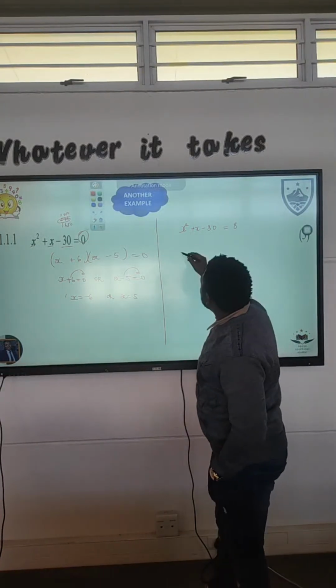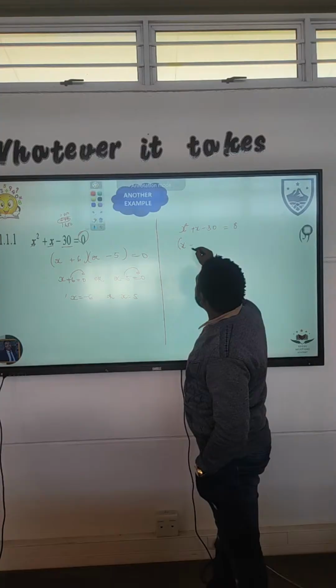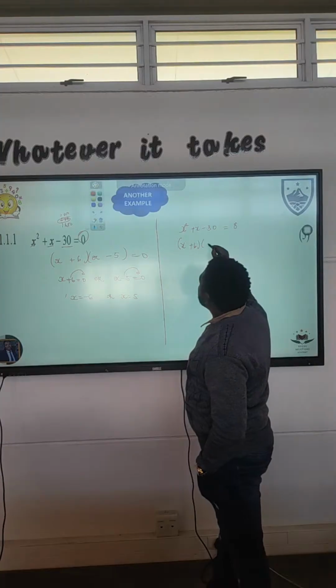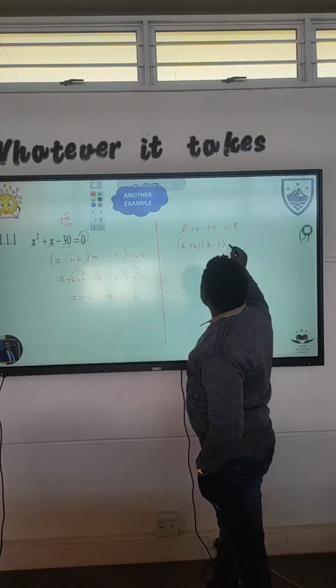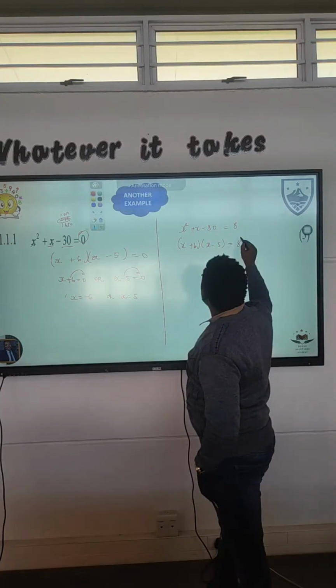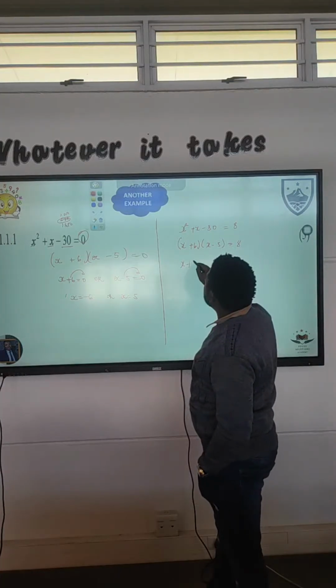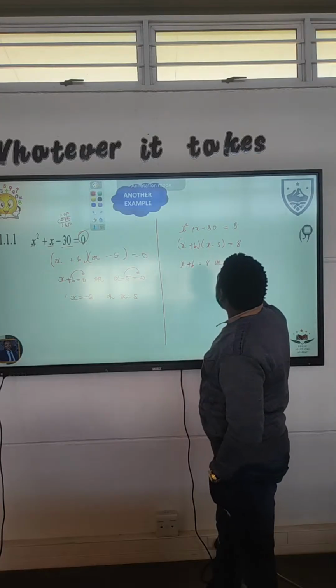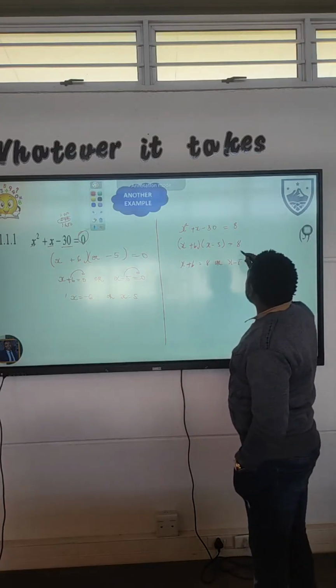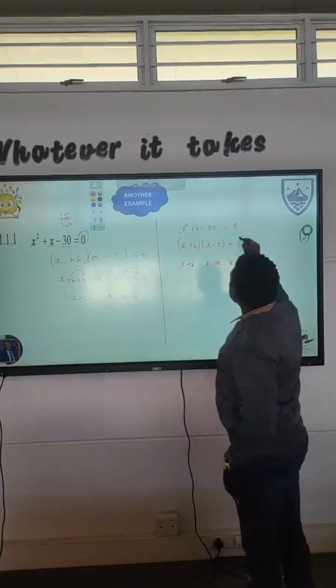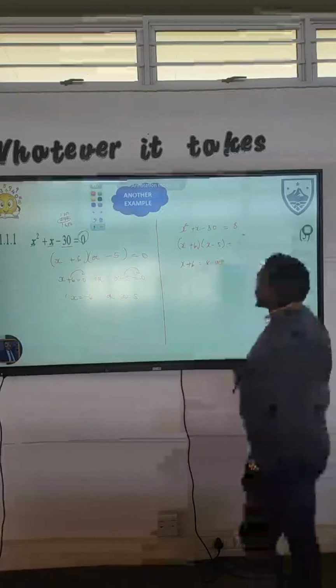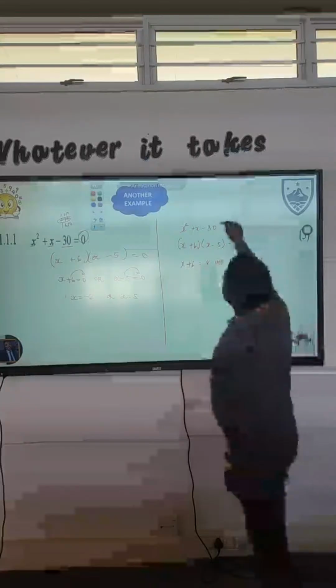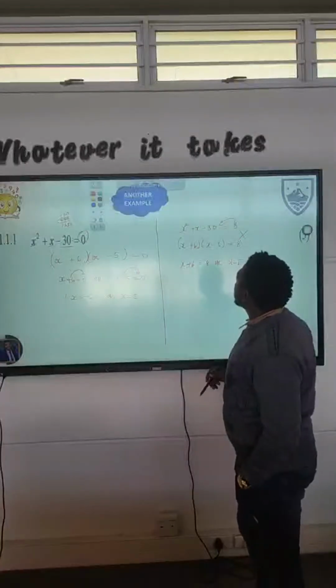You cannot factorize this side as x plus 6, x minus 5 equals 8, and then say x plus 6 equals 8, or x minus 5 equals 8. This is incorrect. That's a misconception. You cannot do this. You need to first transpose this to the other side and then factorize afterwards.